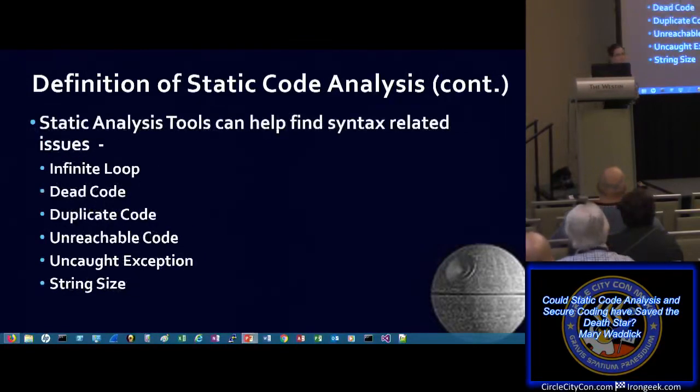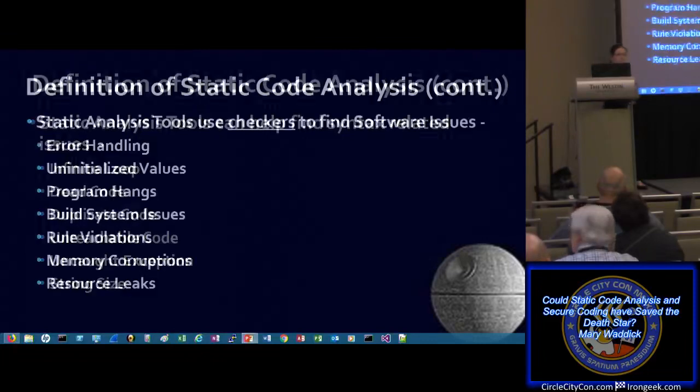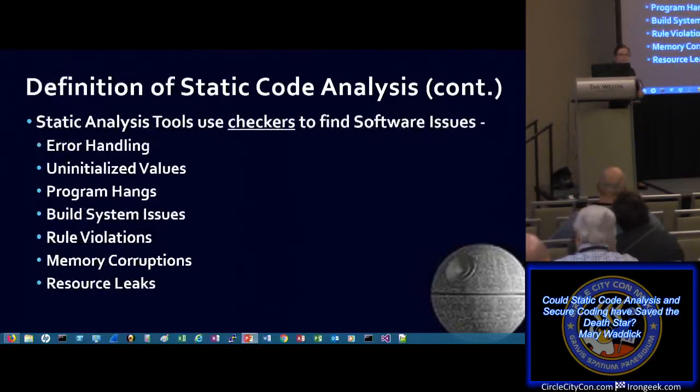Syntax related, dead code. Oh, heck yeah, we got a lot of dead code. Unreachable code. I'm finding a lot of that too. We use a lot of different checkers, and we're actually updating with new checkers next week. I can't wait to see what we're going to find next week.